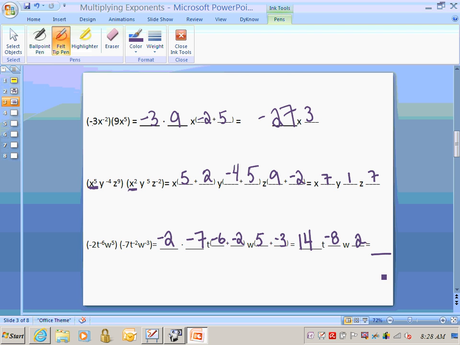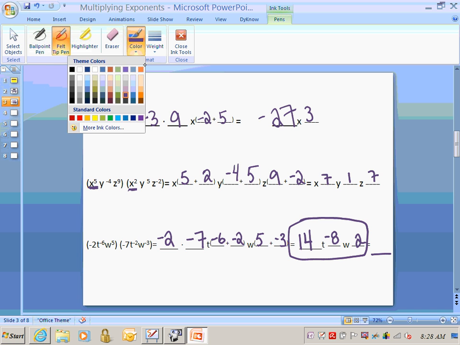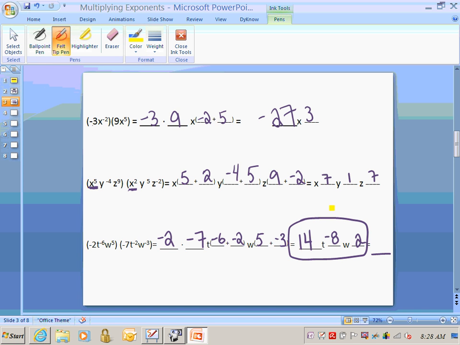Now I have this equal sign over here. I kind of ran out of some room. What's wrong with this here? That has W on top and T on the bottom. So what do I need to do? Good. This negative exponent needs to go down. So I should have 14 on top. What else is on top?